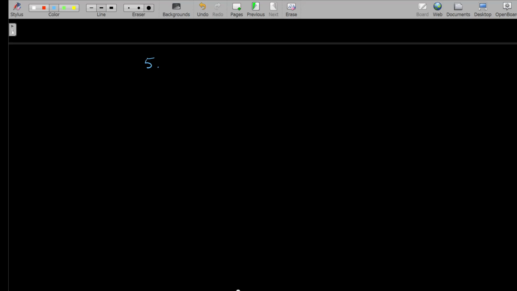This time we have e raised to 2x plus 3y equals x squared minus ln of xy cube. I'm also including composition now, so you'll have to apply the chain rule as well.